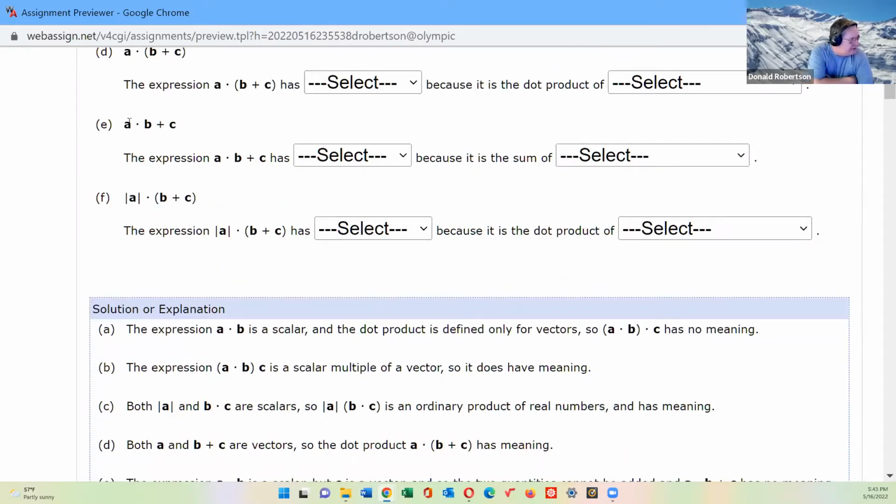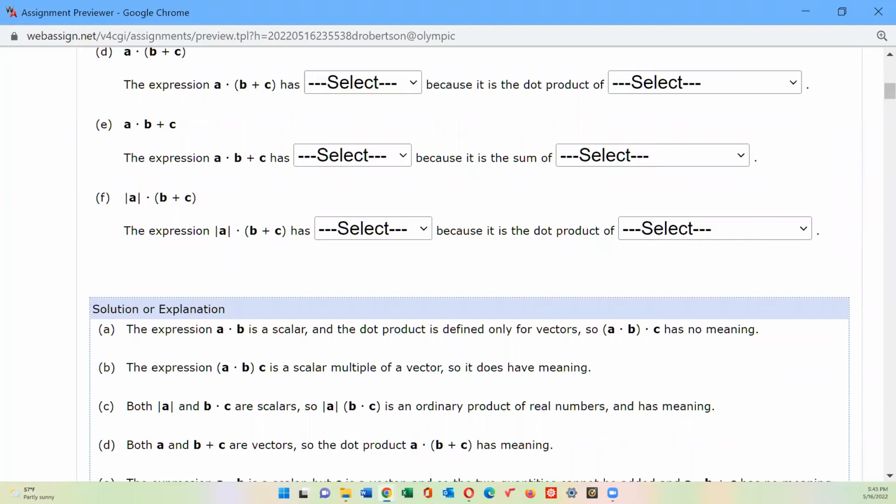Could you do E? A dot B and then add the vector C to your answer. Could you do that? You said something, but I didn't catch what you said.